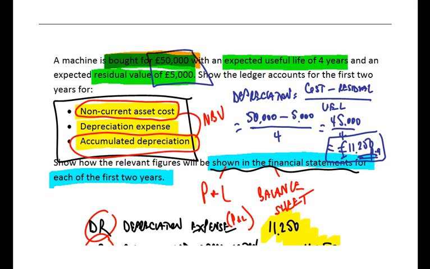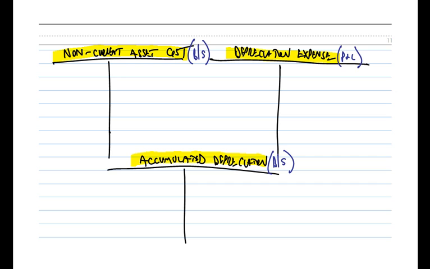The basic double entry for capitalising a machine, a car, or computer equipment, any non-current asset, is that we need to show the asset, with a debit entry to the non-current asset cost account. That's bringing the asset into the accounts of the business.